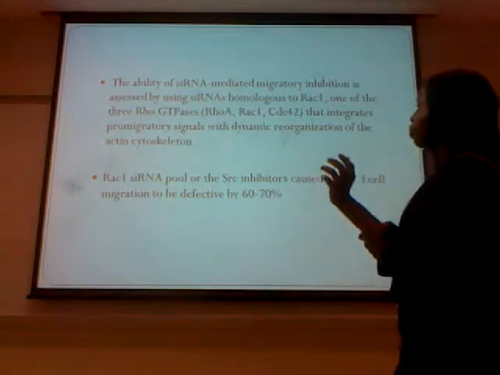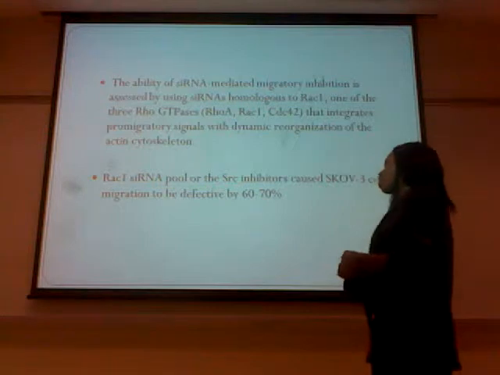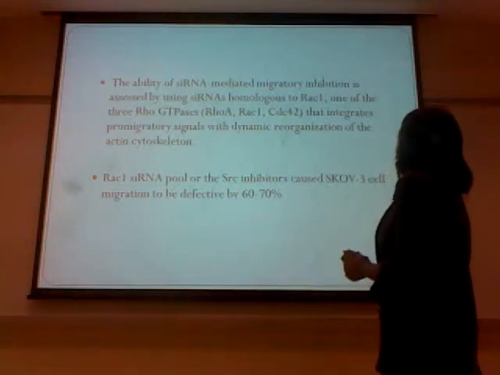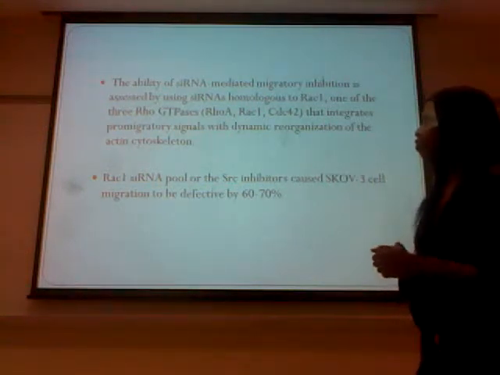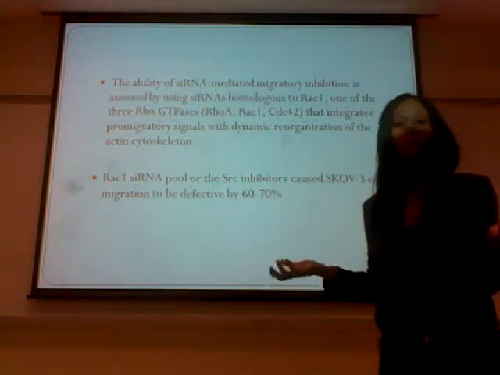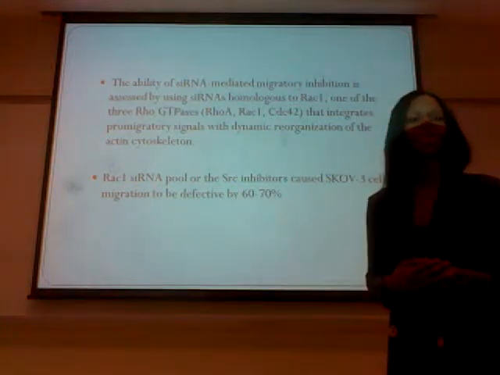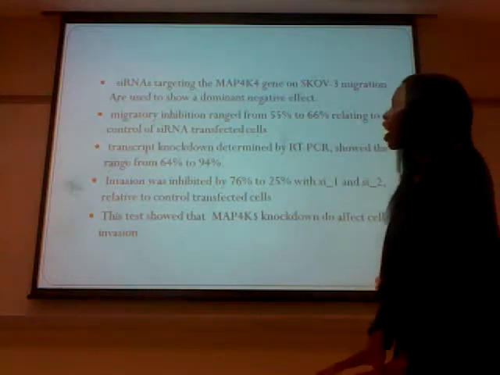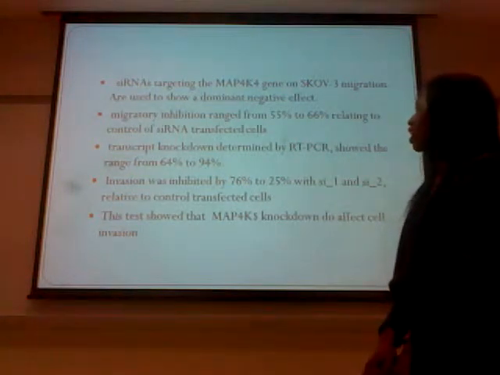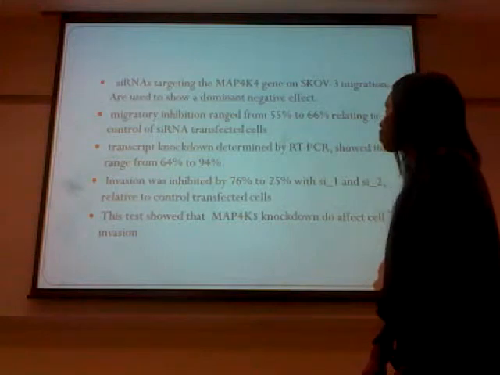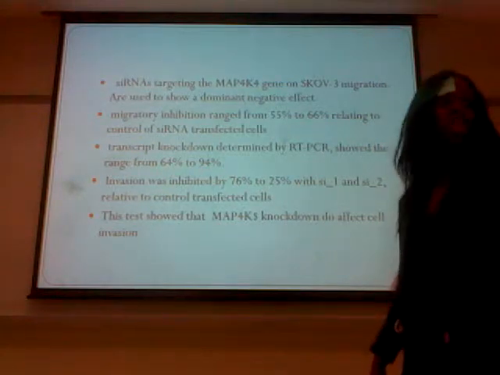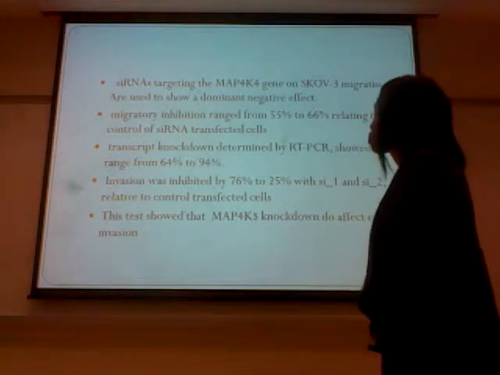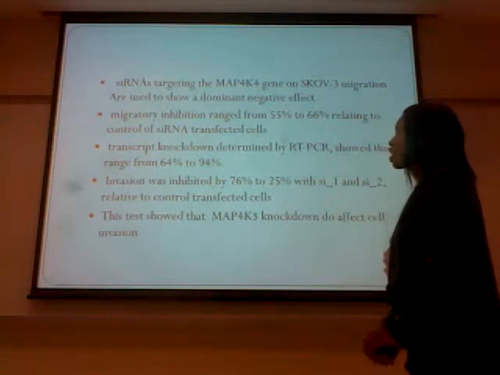RAC1 siRNA pool, or the SRC inhibitor, causes SKOV3 cell migration to be defective by 60 to 70%. siRNAs targeting the MAP4K4 gene on SKOV3 migration are used to show a dominant negative effect.